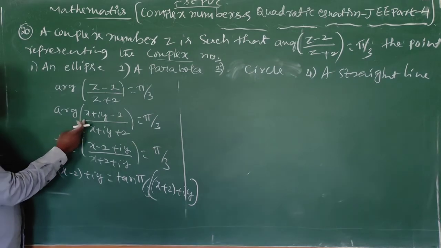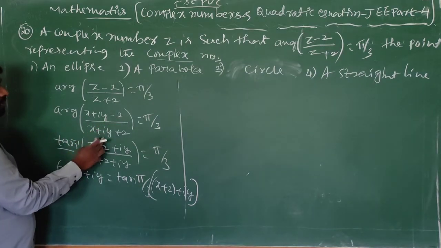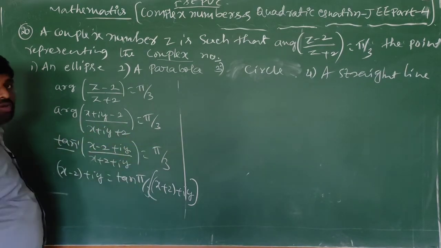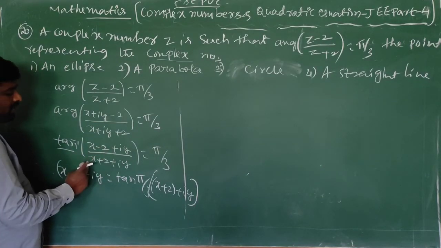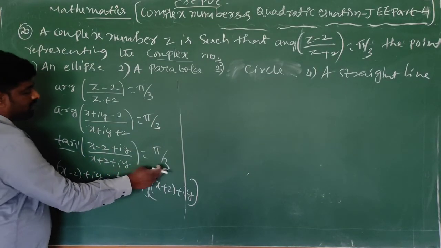So the argument of (x plus iy minus 2) divided by (x plus iy plus 2) is equal to pi by 3.